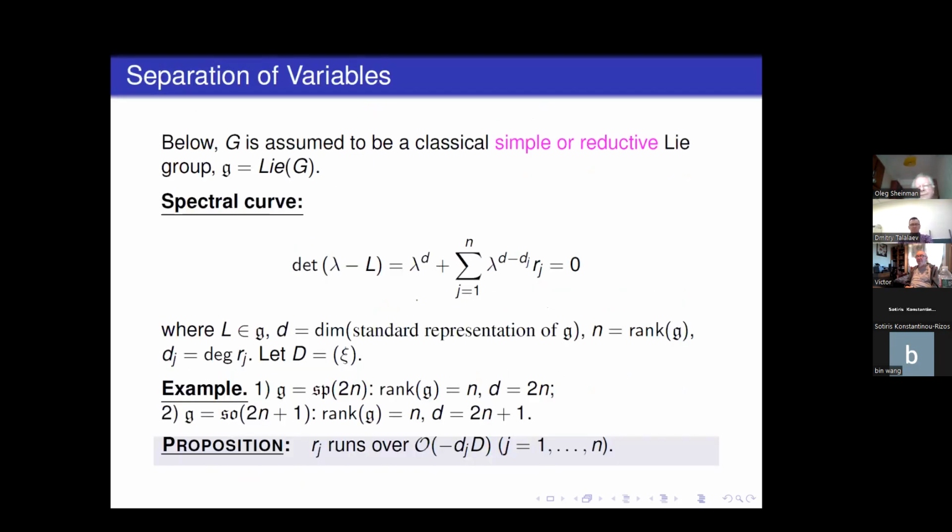Again, there will be no obstruction in the case of GLN, but there is some in the case of simple groups. Now, I must speed up because I have only about 20 minutes left. So, first of all, let me define the Hitchin system in a different way using the method of separation of variables.